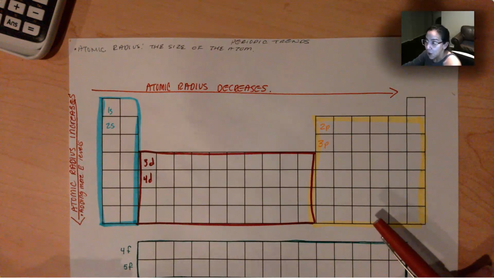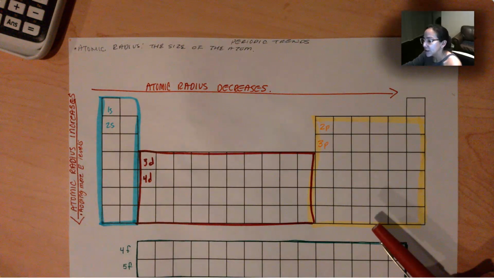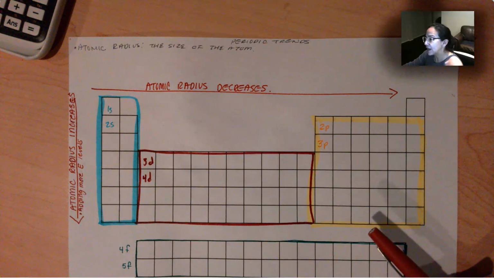Well, that's actually why it's decreasing. As you go across the periodic table, the effective nuclear charge is increasing. The effective nuclear charge is basically the nucleus, the protons, pulling the electrons towards it. Your nucleus becomes stronger and stronger because you're adding protons, and the more protons you add, the stronger it becomes, pulling the electrons towards it.